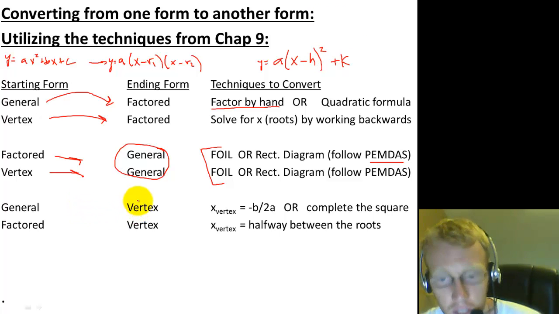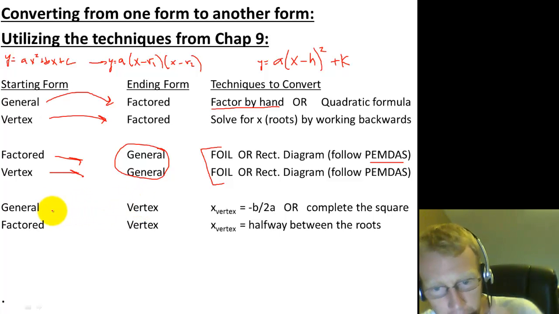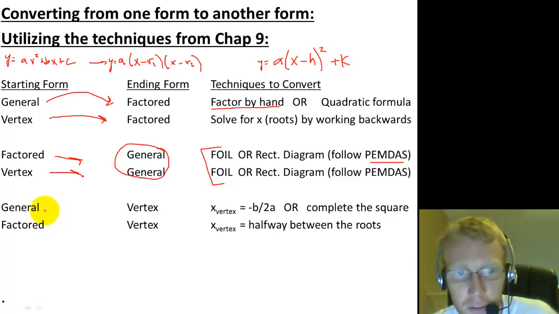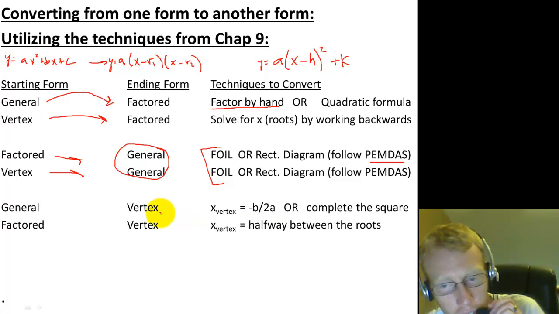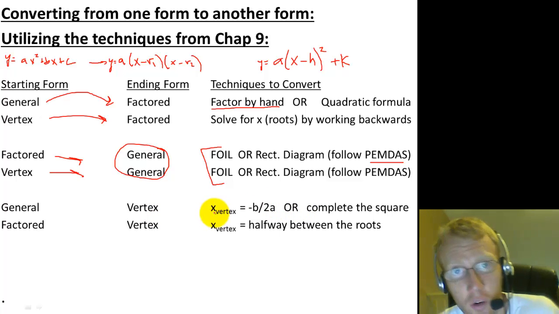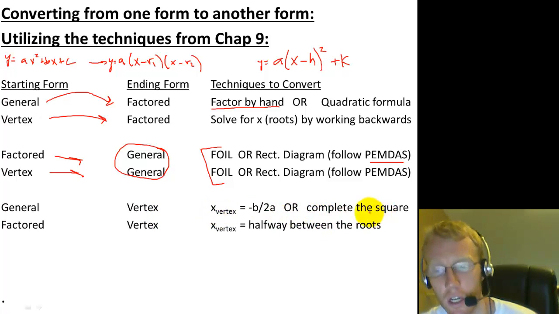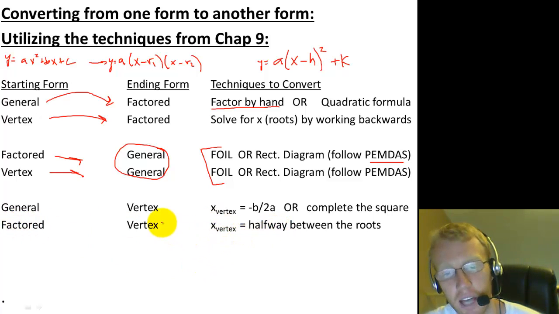To go to vertex form, typically you want to use the shortcuts, but you could do it the long way if you want. From general form, we just learned a shortcut: negative b over 2a gives you the x coordinate of the vertex. If you don't want to use the shortcut, you could always complete the square, but a lot of times that's more work. To go from factored form to vertex form, you know that you have the two roots, and the vertex x coordinate is halfway between them.